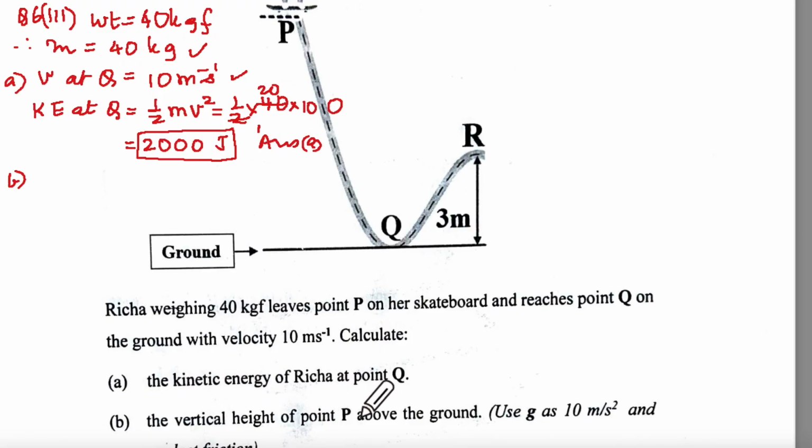B. The vertical height of P above the ground. So h, they are asking to find. They are also giving you value of g as 10 meter per second square, and they say ignore friction.